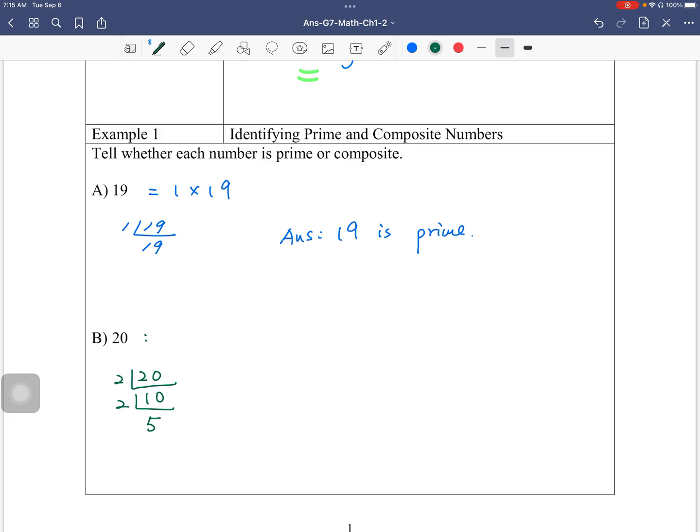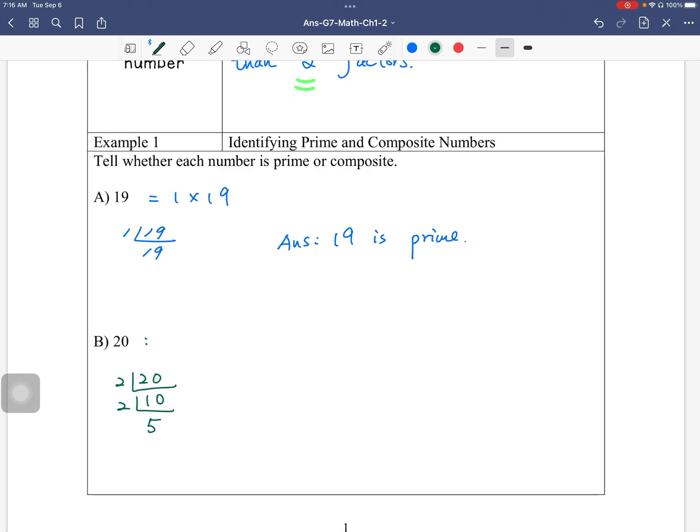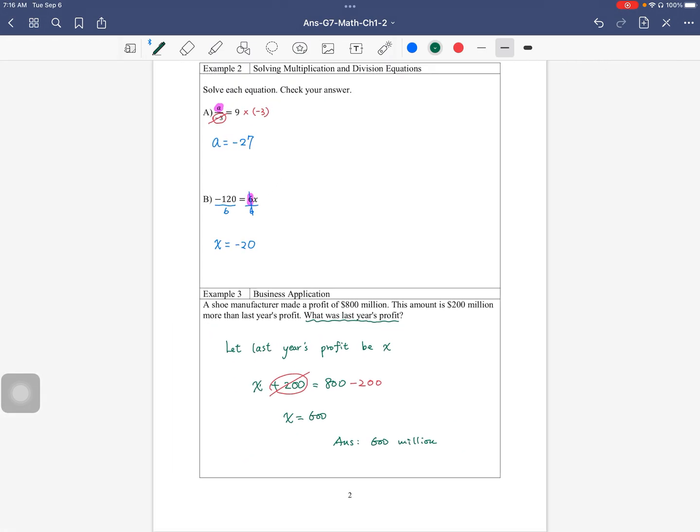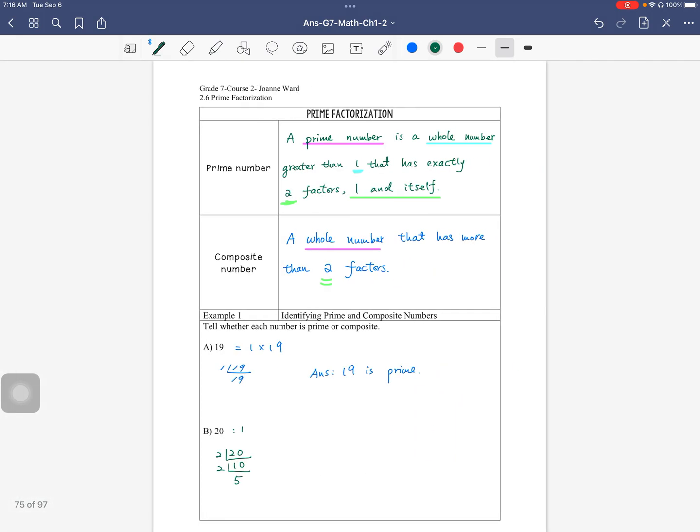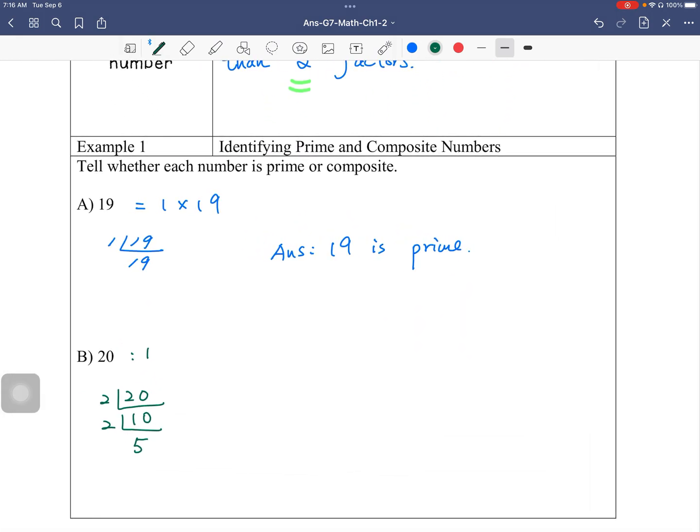So the factors of 20 are 1 and 2, and then 2 times 2, which is 4, and then 5, and then 4 times 5, which is 20. So 20 is composite.